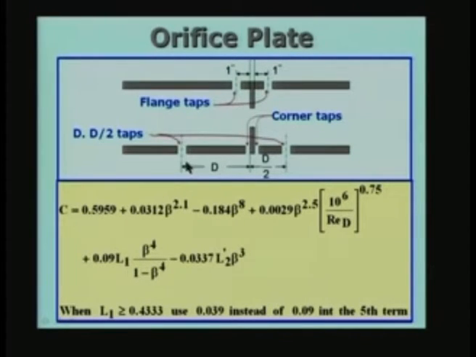If you do not want to use a manometer because it is not convenient or it is not possible to use because the pressure difference is too small, then you can use two pressure transducers or one differential pressure transducer, and this tap will be communicating to one side of the differential pressure transducer, and this tap will correspondingly go to the other side.